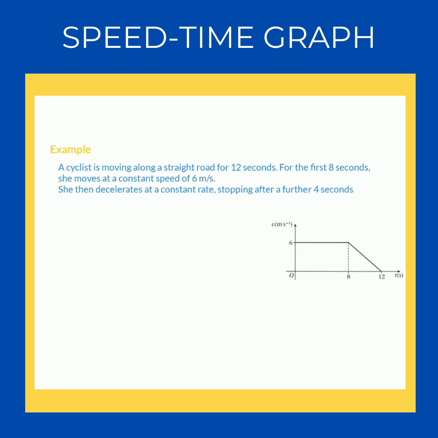Then she decelerates at a constant rate, stopping after a further 4 seconds. So in the first 8 seconds, she moves at a speed of 6 meters per second. Then from 8 to 12, she starts decelerating until she reaches back to 0 speed.